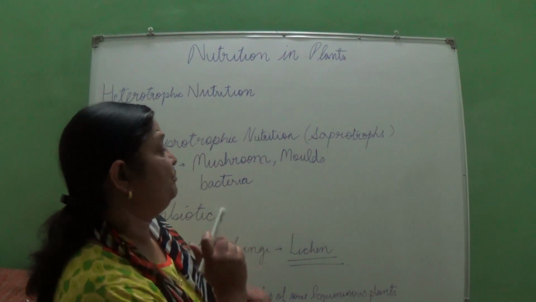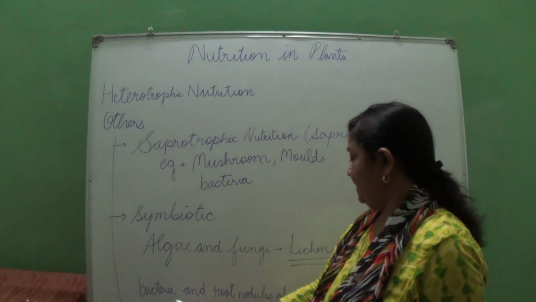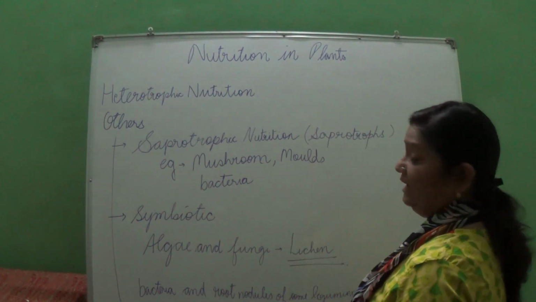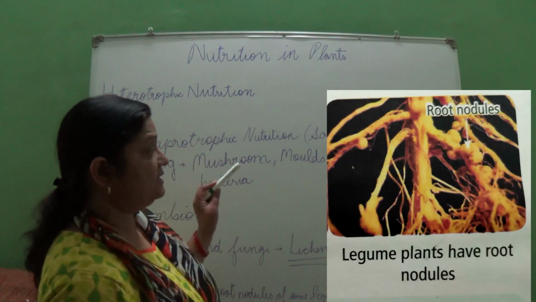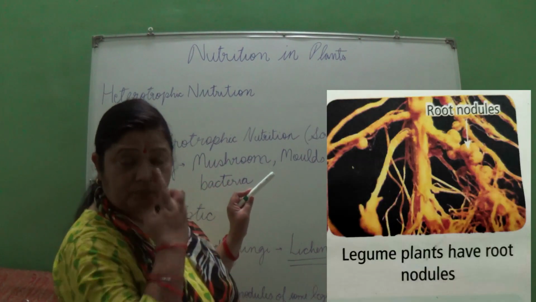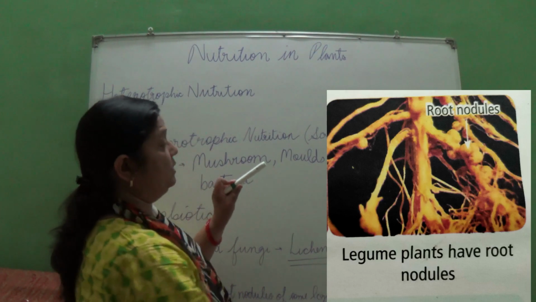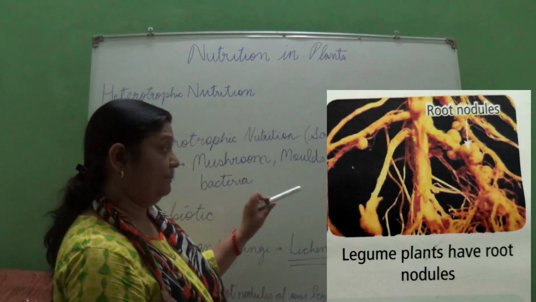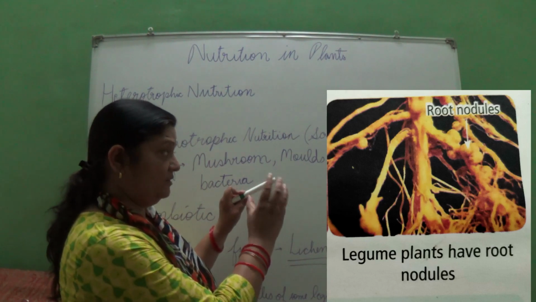Okay, now the next example which I have taken is that of bacteria and the root nodules of the leguminous plants. You can see in the picture the relationship between this bacteria and the root nodules of the plant. You can see the nodules in the roots, they are bulging structures.